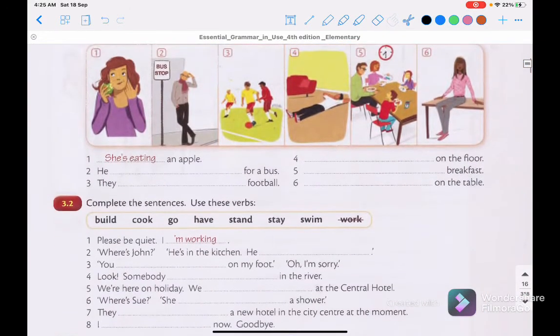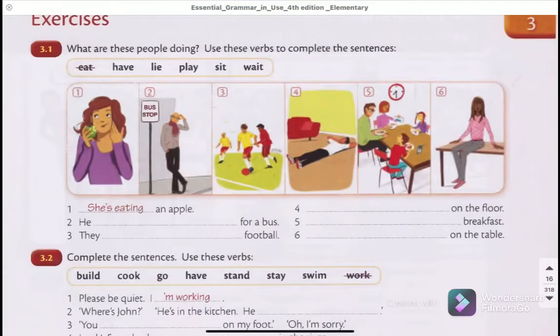And now, my dear students, let's answer our exercises together. Look here at the pictures and you will see what they are. And now, let's answer more exercises about present continuous tense.